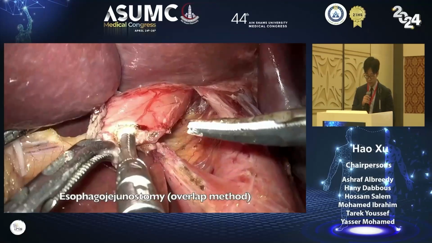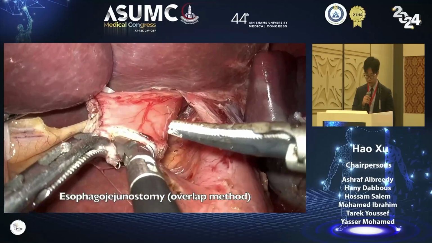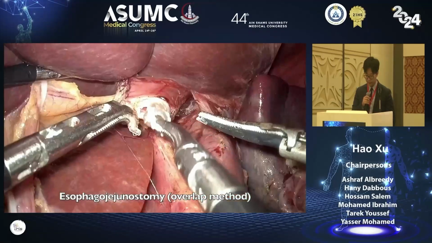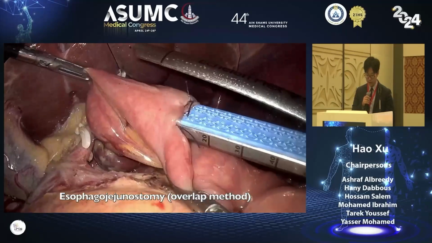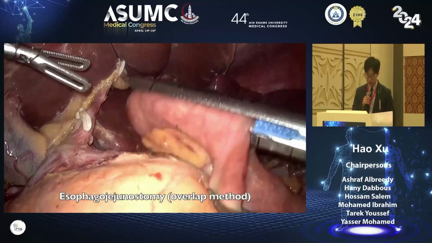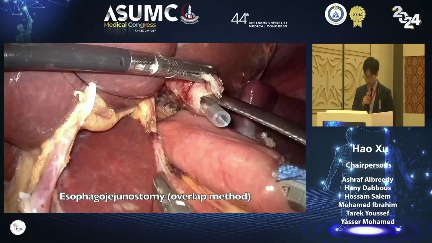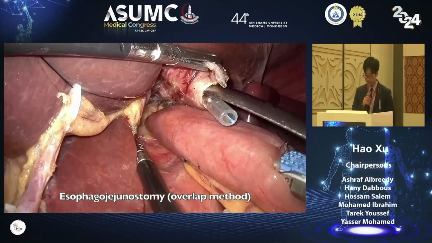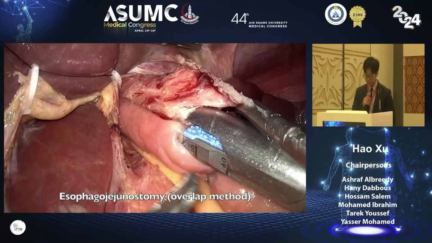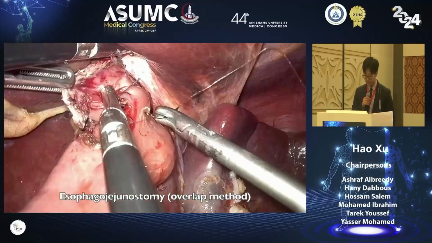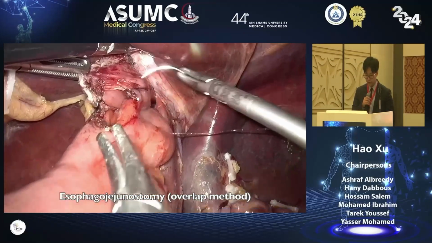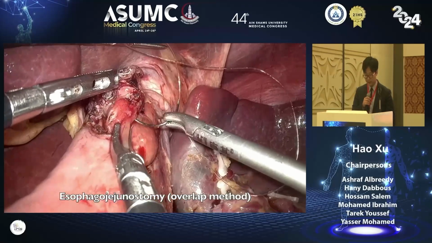We make a small incision of the esophageal stump. And a linear stapler was used to perform the esophagojejunostomy by using the overlap method. A barbed thread was used to close the common incision.